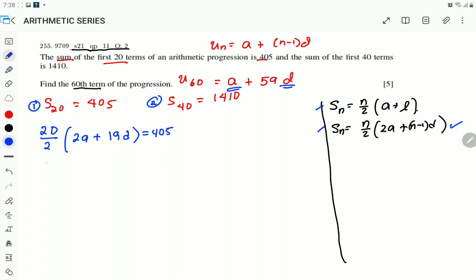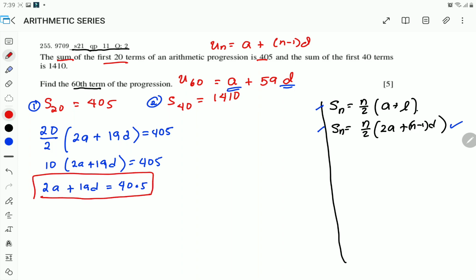And then this is 10 times (2a plus 19d) is equal to 405. So 2a plus 19d is equal to 40.5. This is now your equation number 1. We need to find equation number 2.